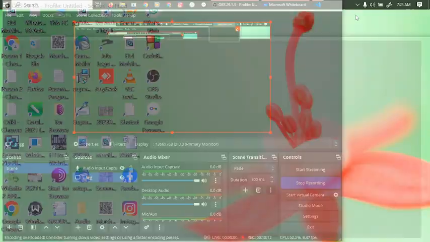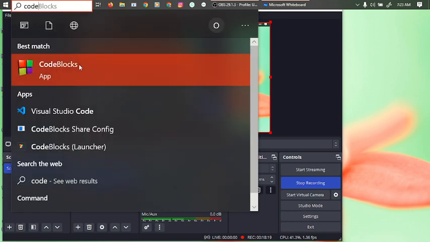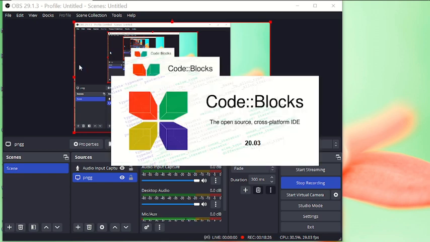Sorry, I don't know why this one is not happening. Did I send that guy? Sorry. So let's open up our Code::Blocks. You're actually learning how to start up Code::Blocks.